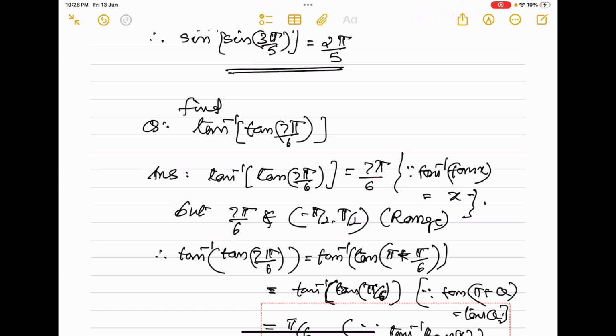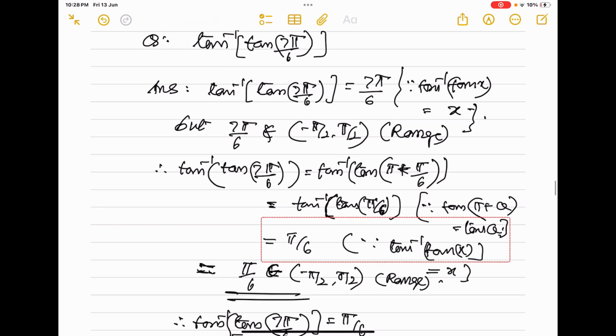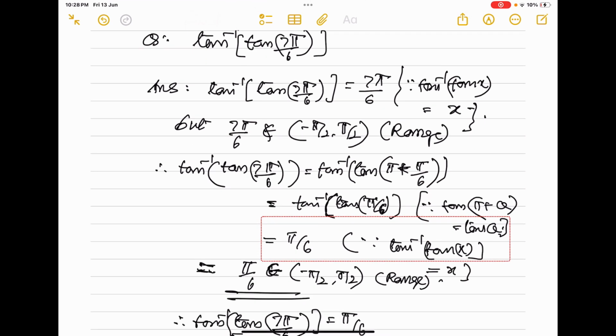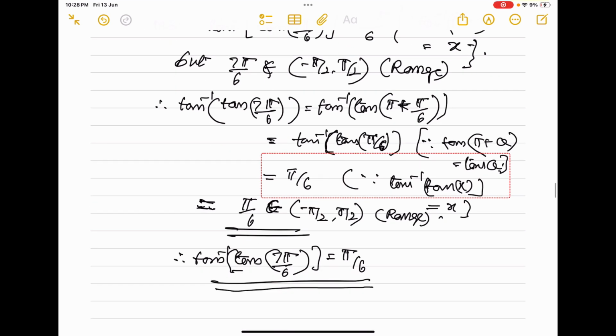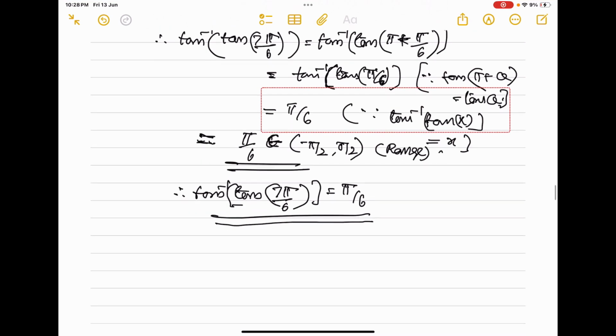Then tan inverse tan 7 pi by 6 equal to tan inverse tan of pi plus pi by 6, since 6 pi plus pi is 7 pi by 6. Then tan of pi plus theta equal to tan theta, so tan inverse tan pi by 6 is equal to pi by 6, which belongs to negative pi by 2, pi by 2, the range. Therefore, tan inverse tan 7 pi by 6 equal to pi by 6.